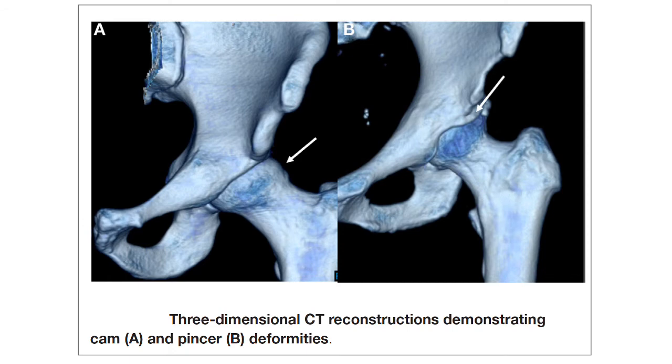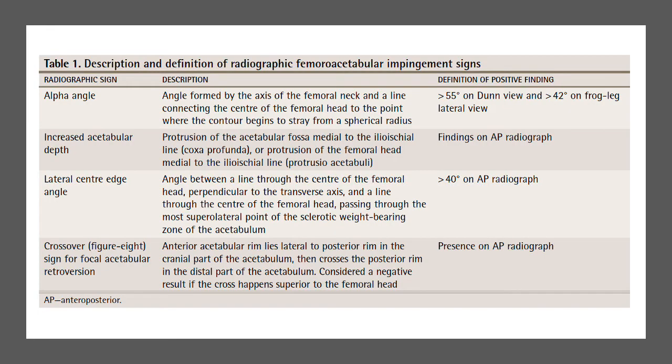And this is what those abnormalities look like on a CT reconstruction. So just summarising in the hip what some of those abnormalities are and the radiological criteria that need to be met to diagnose those abnormalities.